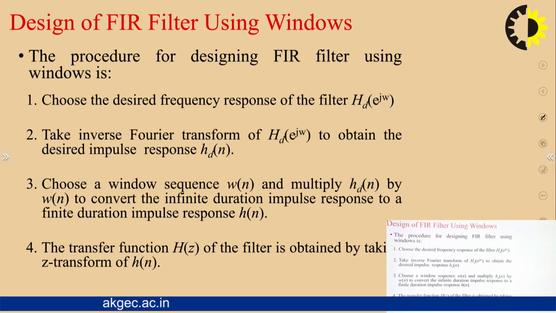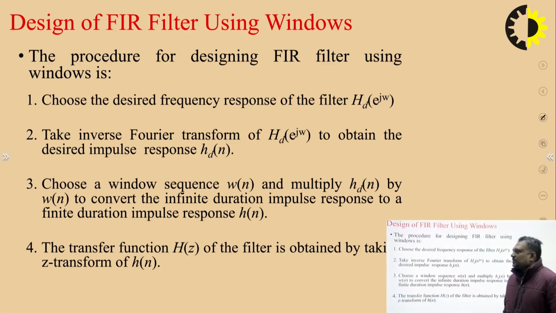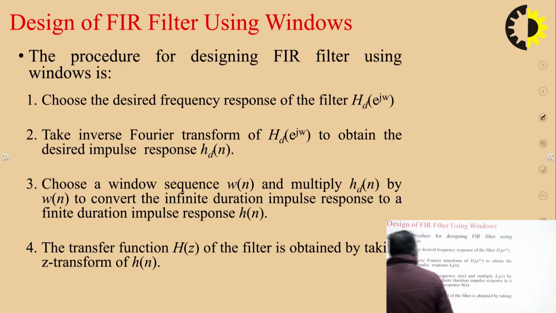Now we will see how to design the FIR filter using window techniques. We will see one problem here, how to solve the numerical given. First of all we will choose the desired frequency response, either it is given to us or we have to find it.